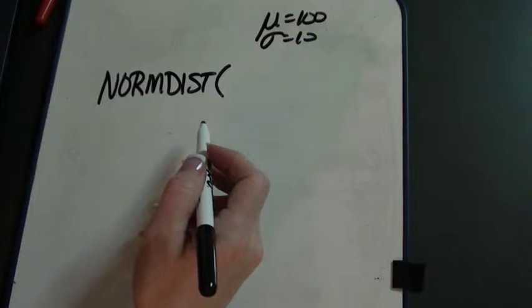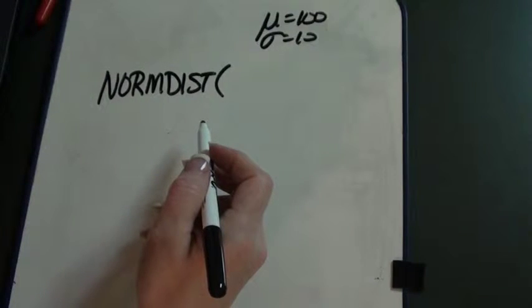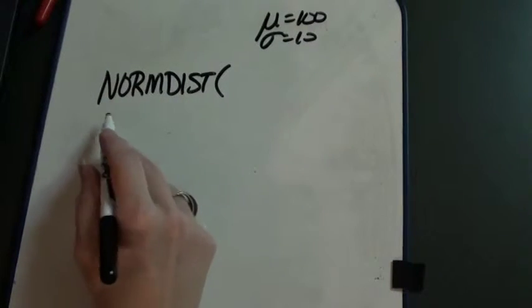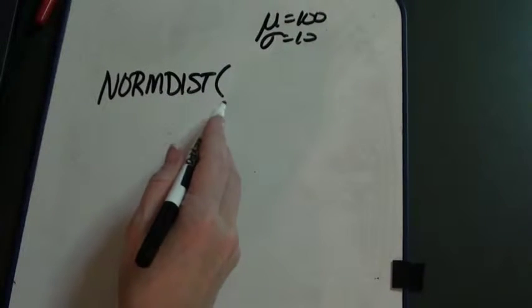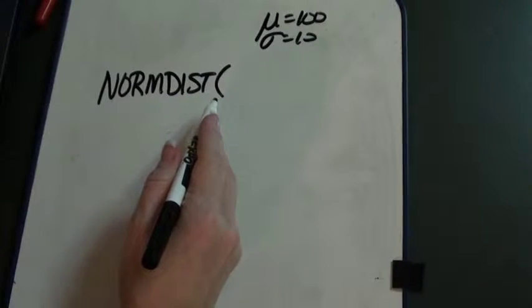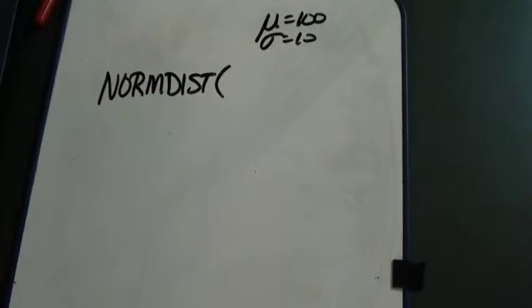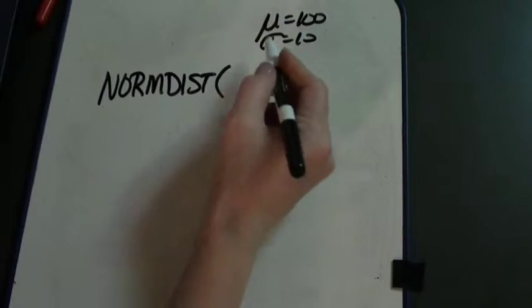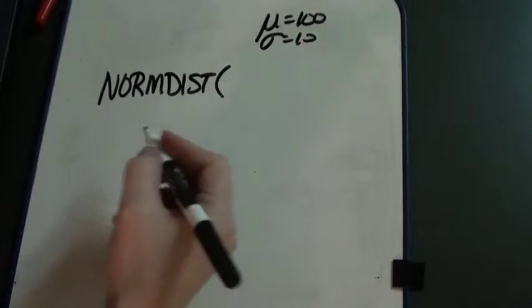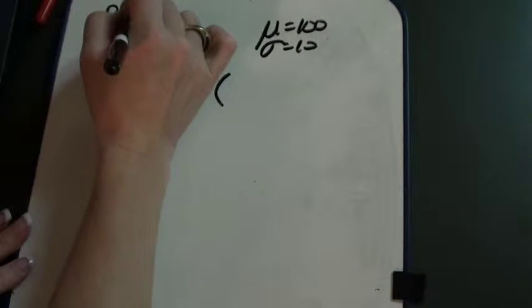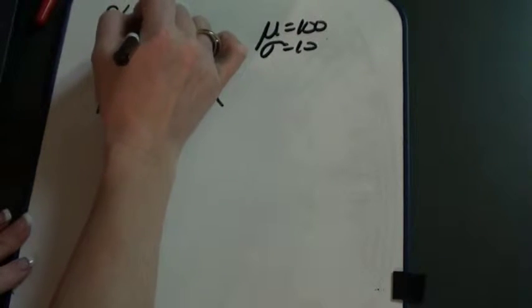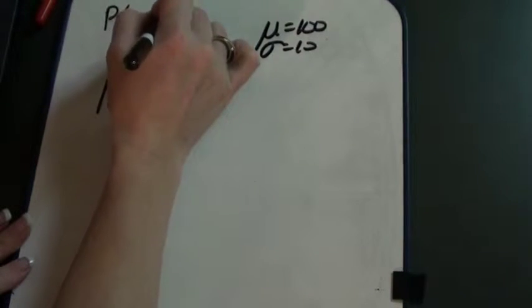So if you use Excel, you go up in the little f of x box, the little function box, and then you'll want to use normal distribution. The first number you put in after you do that, and the comma, is going to be your x value, the number you want to convert. So let's say that we were asking what's the probability that x is less than 85.